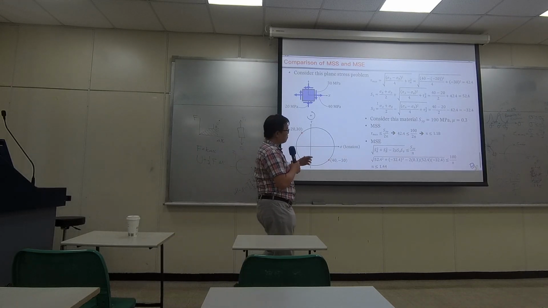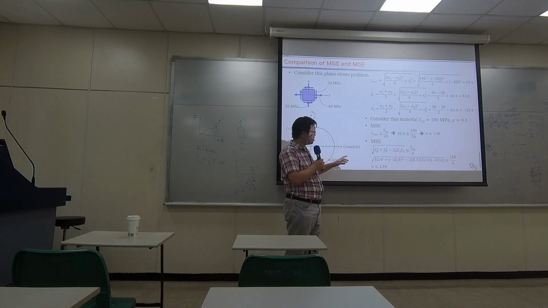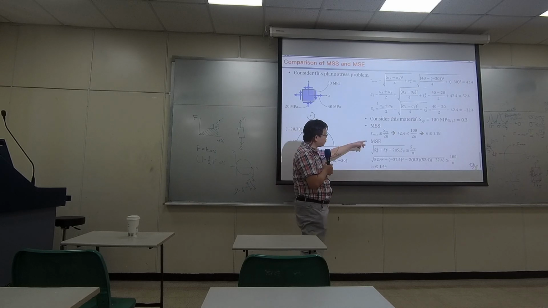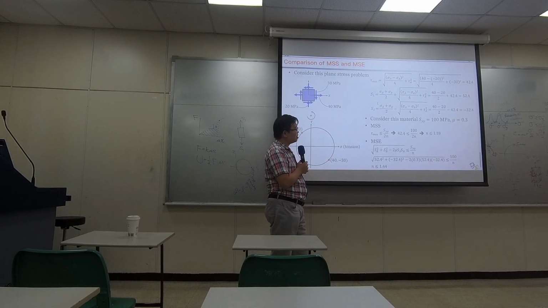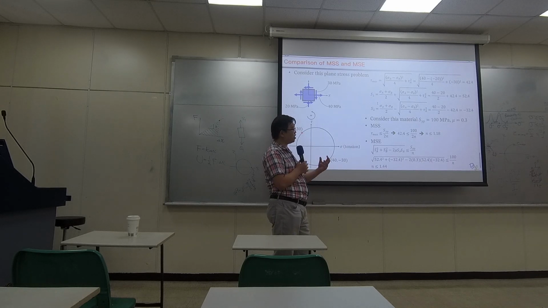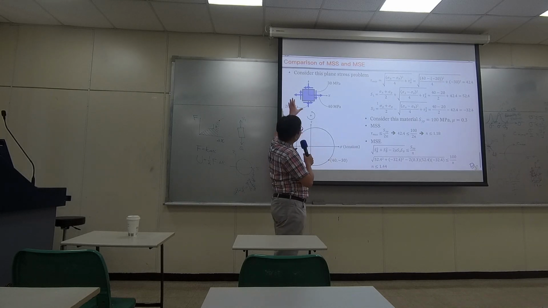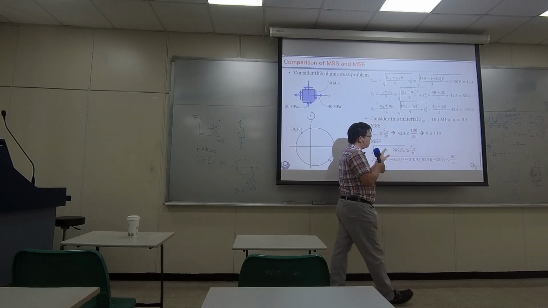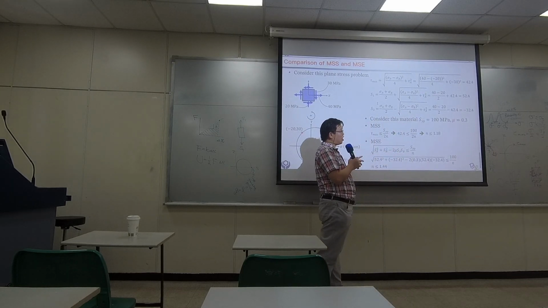So if they tell you, okay, let's design this with a safety factor of 1.5 using the strain energy model, now they probably only allow you to change the geometry. So keeping the same load condition, keeping the same material, there is something that you can change.